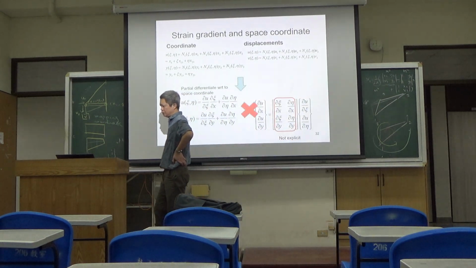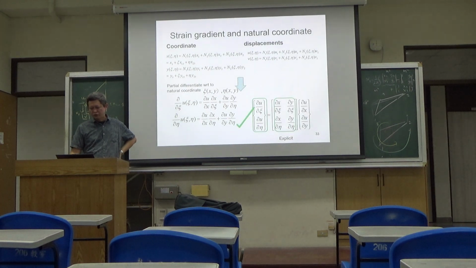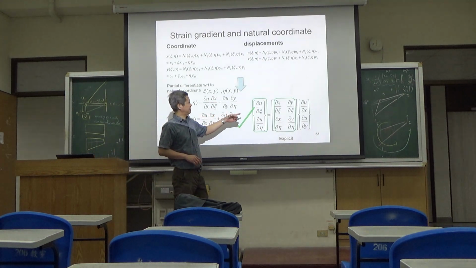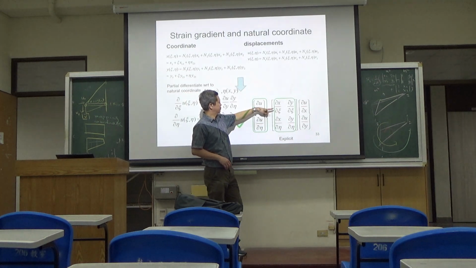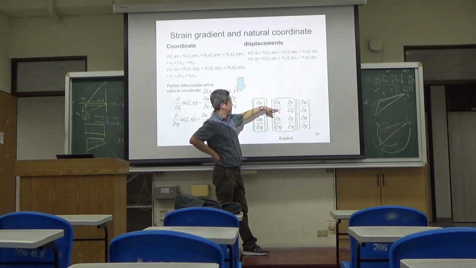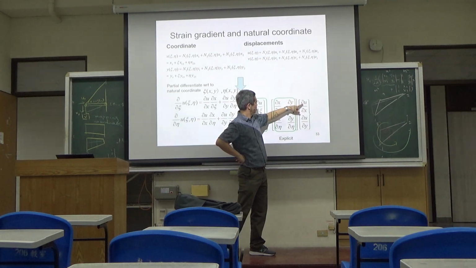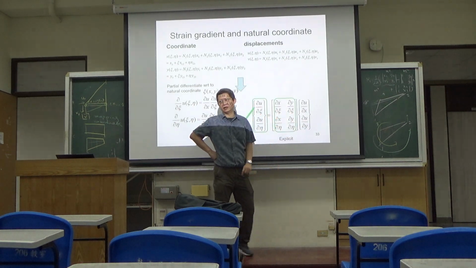What we want to do is the explicit expression: del u del zeta expressed as del x del eta times del u del x, and then del y del eta times del u del y.